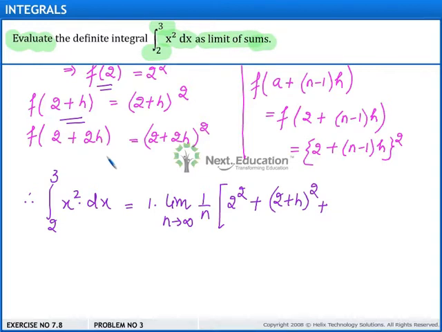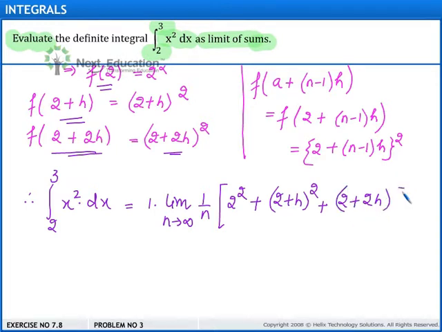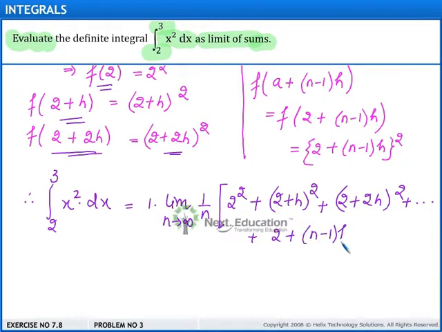Then we have f of a plus 2h, that is (2 plus 2h) whole square, plus so on up to f of a plus (n minus 1)h, that is (2 plus (n minus 1)h) whole square.